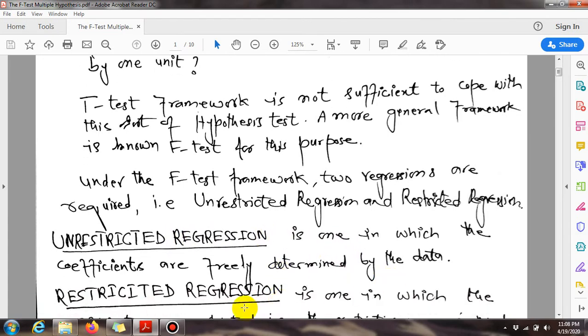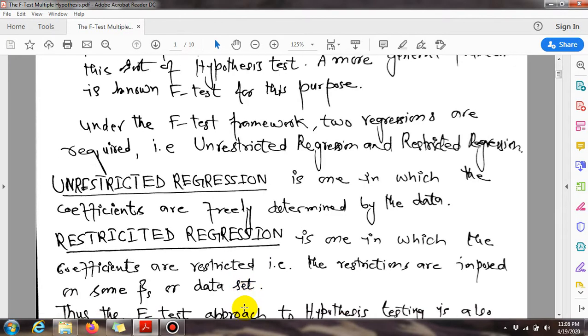So what do you mean by the restricted regression? When you are talking about the restricted regression, it is one in which the coefficients are restricted. That is, restrictions are imposed on some betas or some data set. You can impose restrictions on beta 1 or beta 2 or beta 3, beta 4, and so on, or some restriction on your data set.